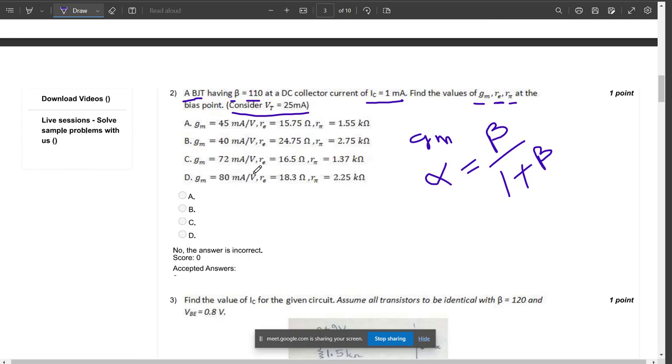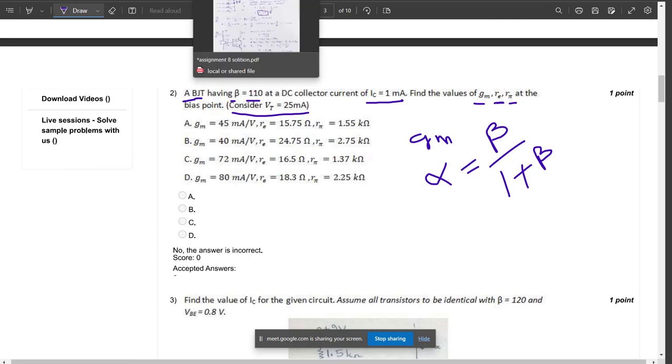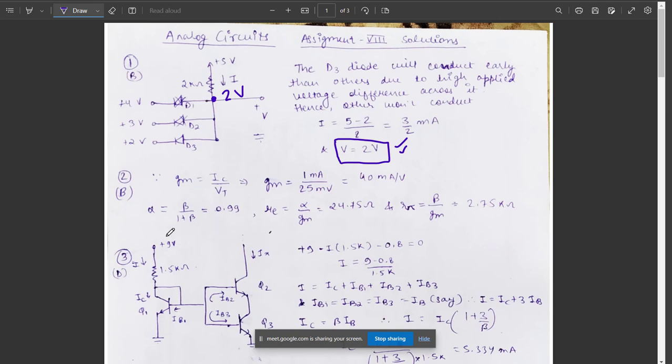Similarly, alpha is beta by... so from there we can find alpha. Yes. Okay. Rather than going so long, re is simple, alpha by gm, and alpha is beta by 1 plus beta.